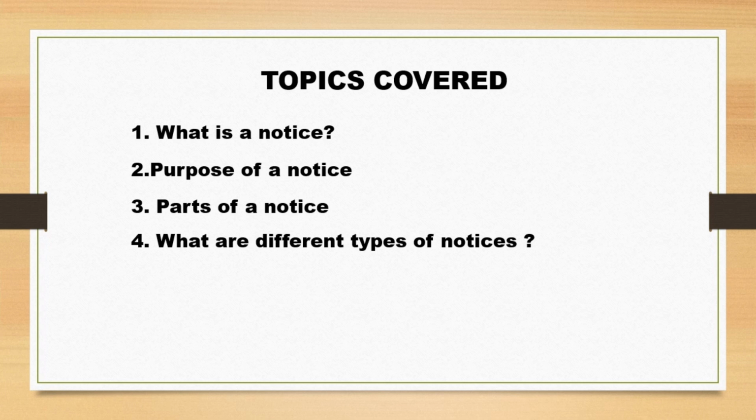Then comes the format of a notice, which plays an important role in writing the notice. First of all, you must make a box to write the notice. At the top, the name of the organization, which should be followed by the heading of the notice. You will learn all these steps and parts of writing the notice in this video lecture.